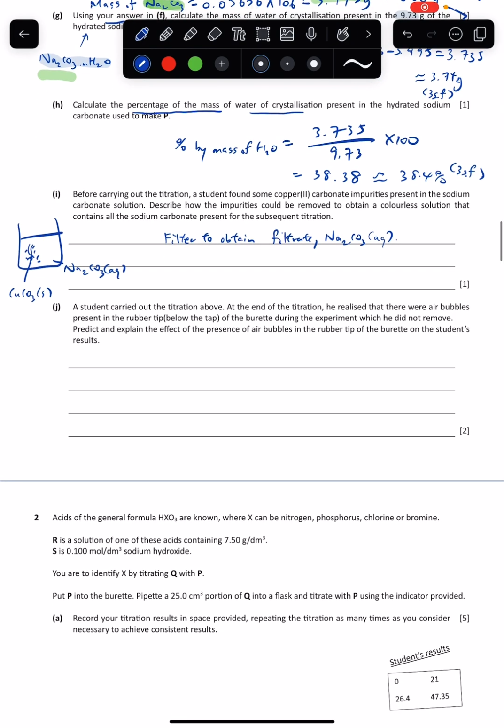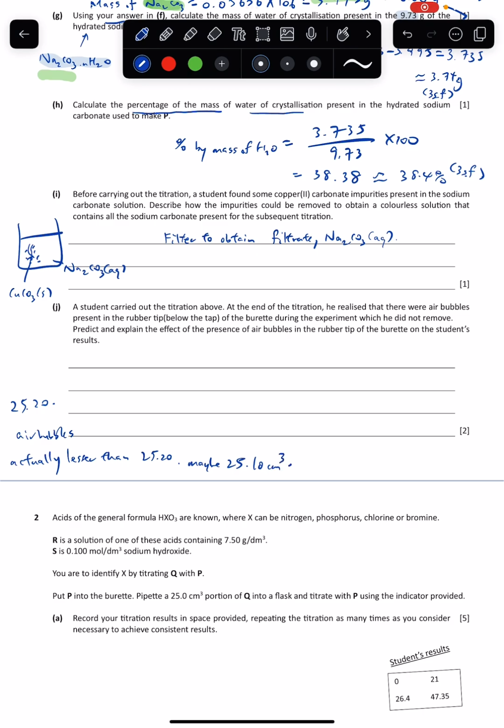Okay, next one. Carry out the titration. Air bubbles. Remember we said before, air bubbles is the problem. Why? How to explain? If there's air bubbles, let's say your reading is 25.20. If there is really an air bubble, it occupies space, isn't it? So that means the actual volume is lesser than 25.20. Maybe 25.10. We don't know, but it's lesser.